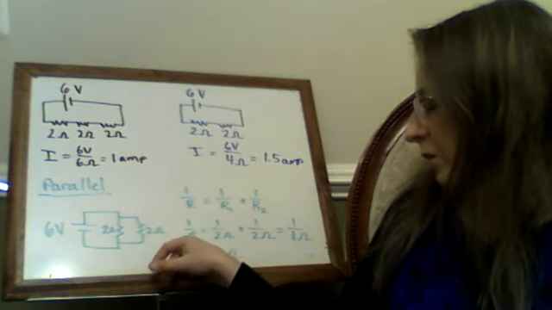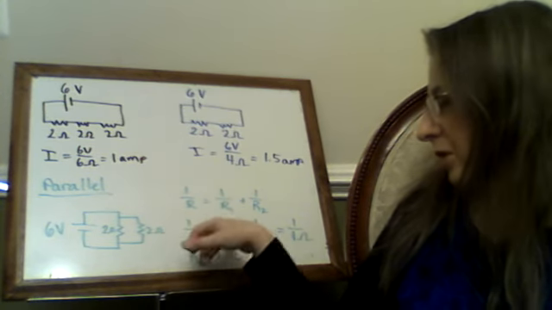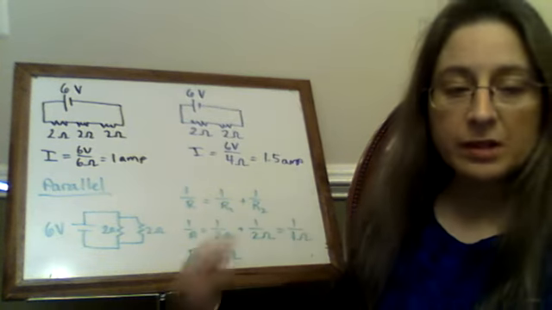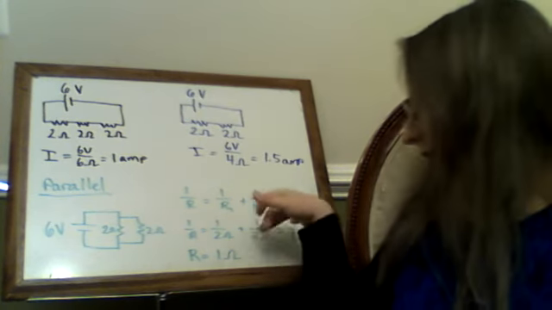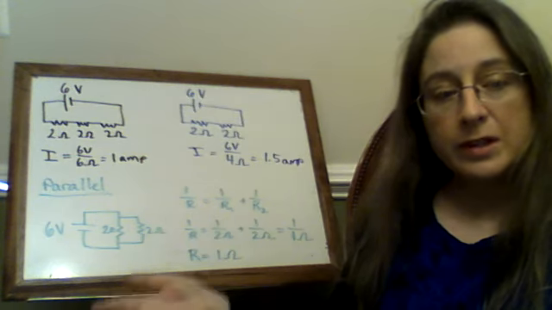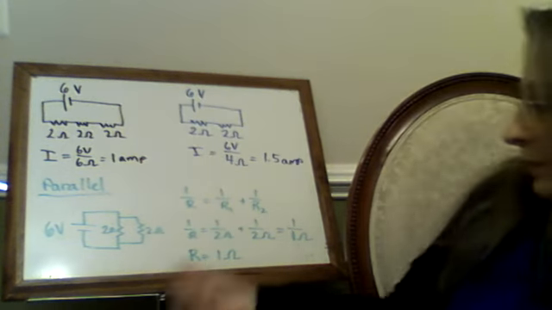And so if we plug that in, 1 over resistance equals 1 over 2 ohms plus 1 over 2 ohms. And you guys know 1/2 plus 1/2 is 1. And so we find 1 over 1 ohm to be 1 over resistance, which means that resistance is 1 ohm.